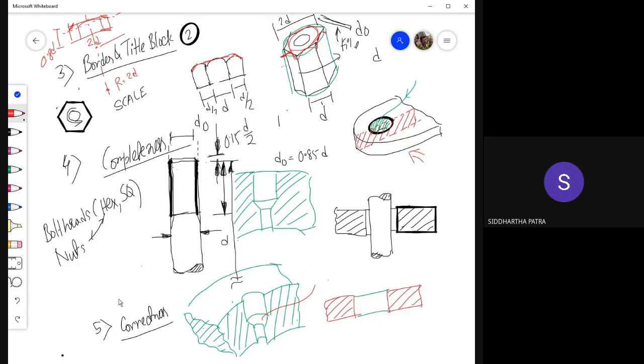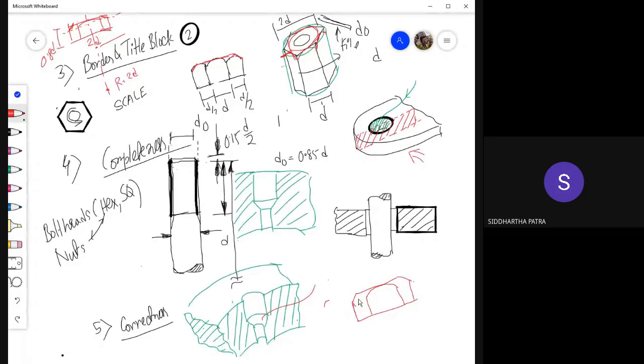By this time you have your nut looking like this, with this arc going like this.